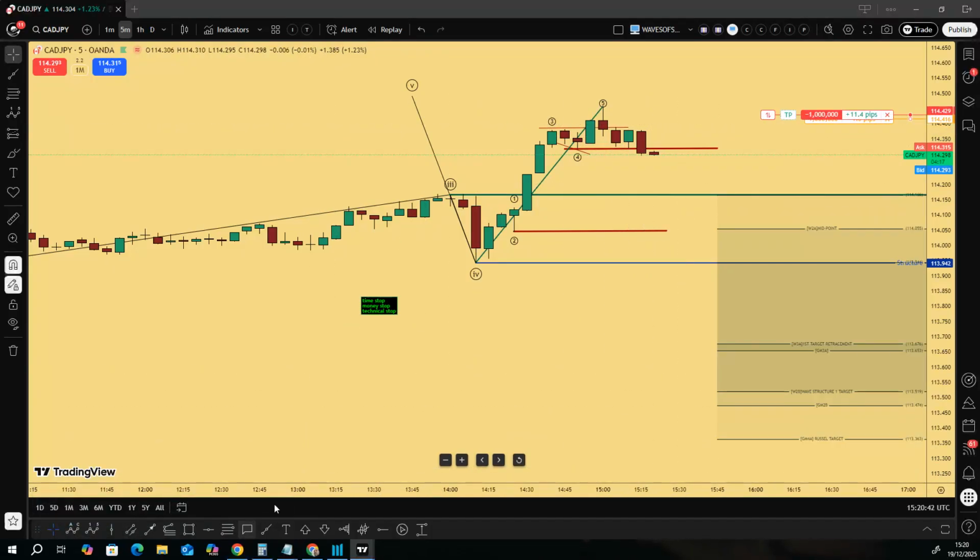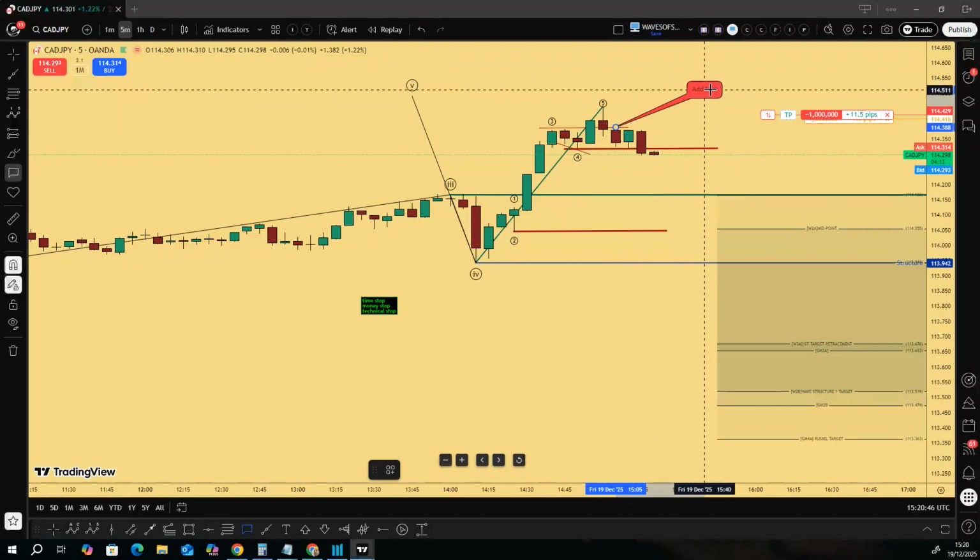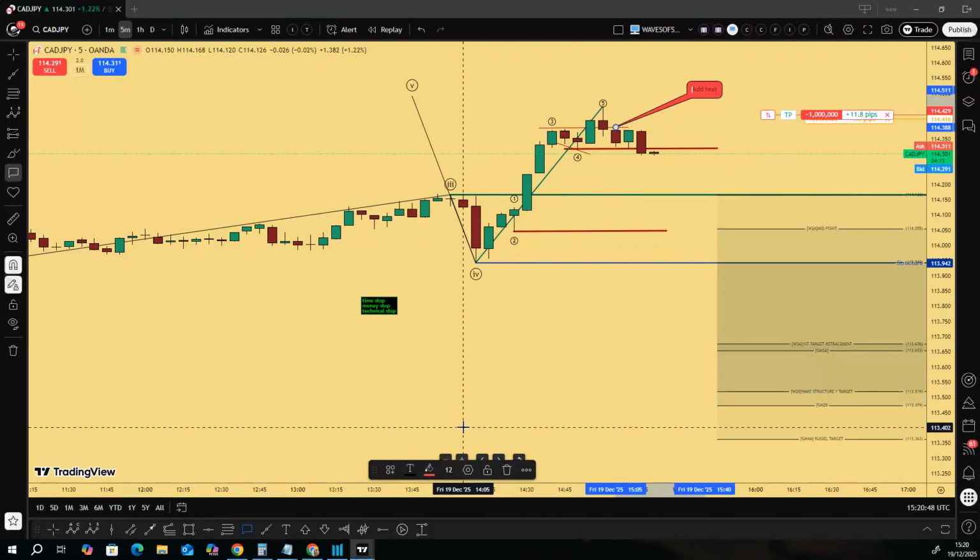What do I mean by that? I can't take a loss on this trade anymore. Risk free trade. That could be a good title.